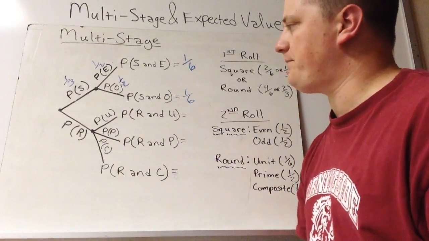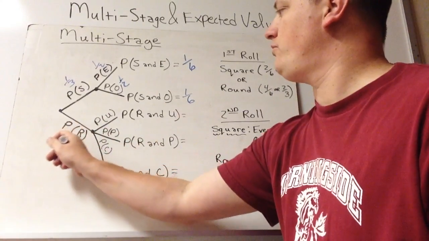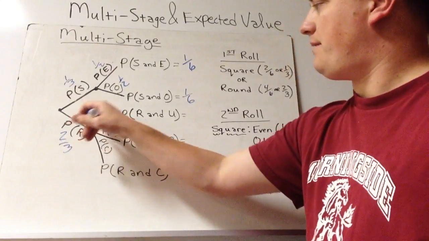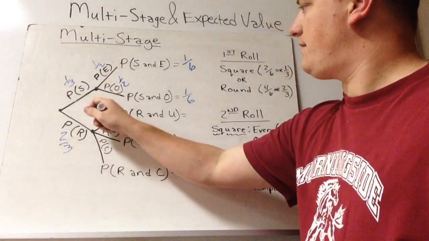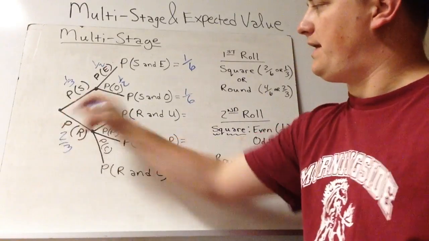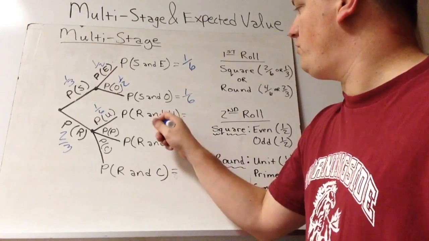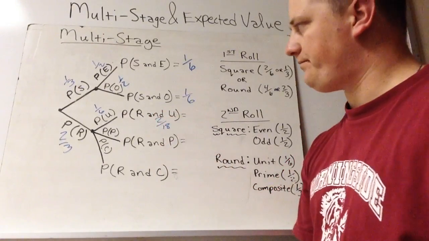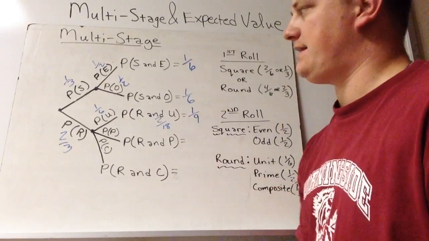Here we've got the probability of round, which was 2/3, and the probability of unit, which was 1/6. We're going to multiply these. We're going to get 2 over 18, which is 1/9.